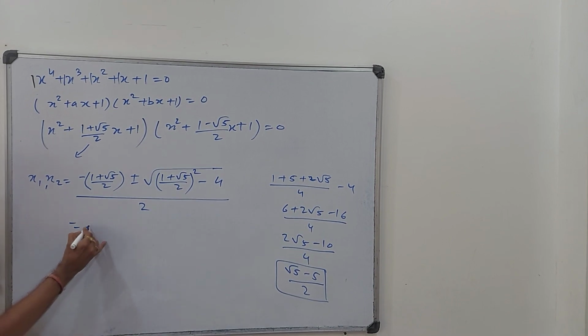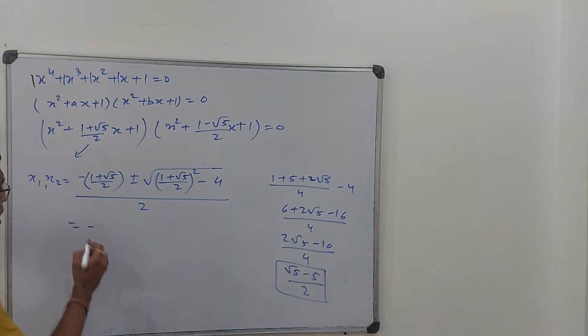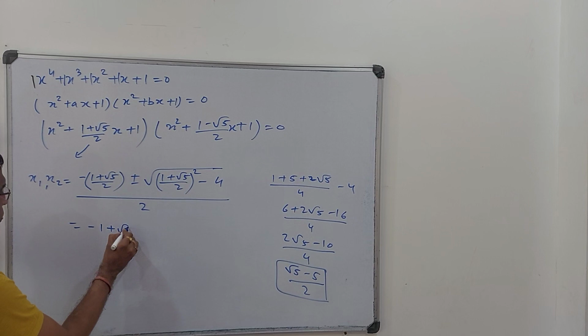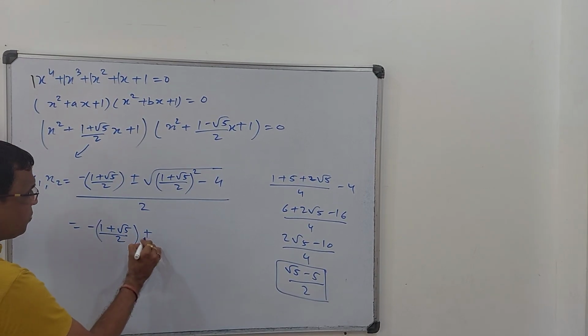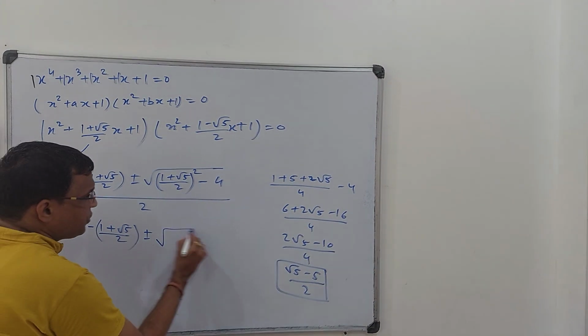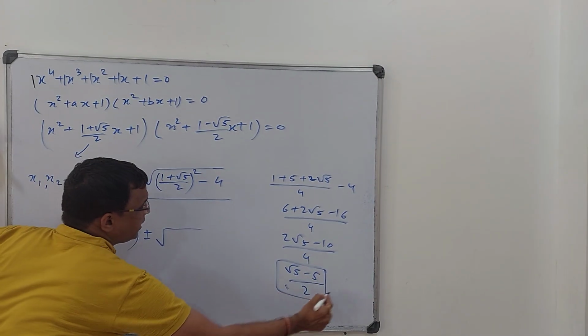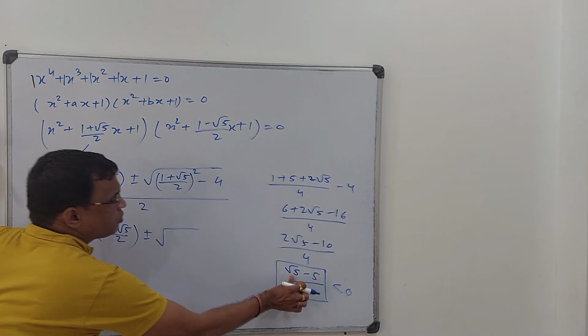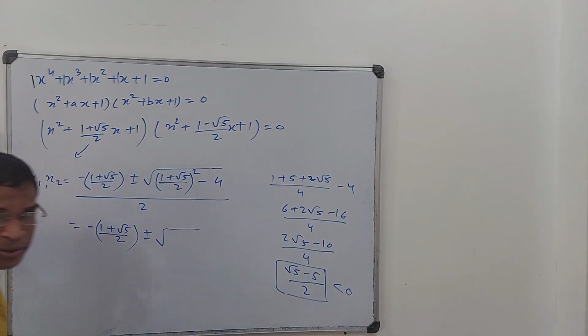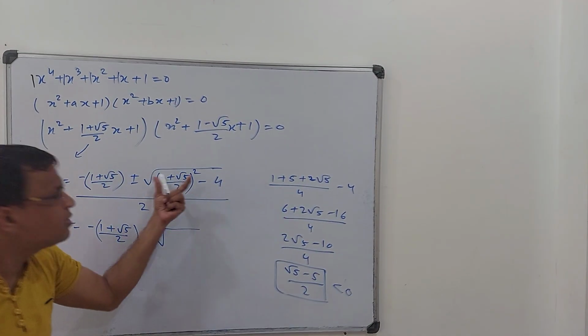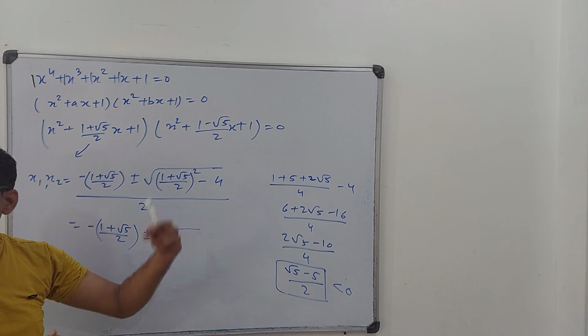So it will be minus (1 plus root 5) upon 2 and plus minus. See, this is nothing but a negative answer because root 5 is always smaller than 5, and this is something inside the bracket. So I am getting it negative.